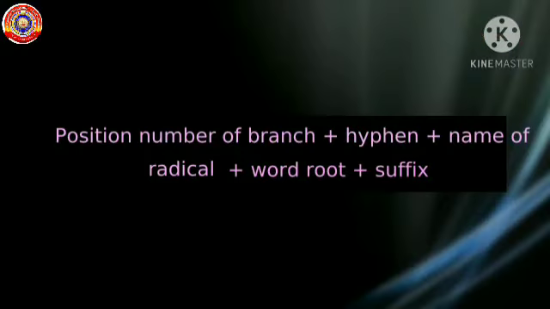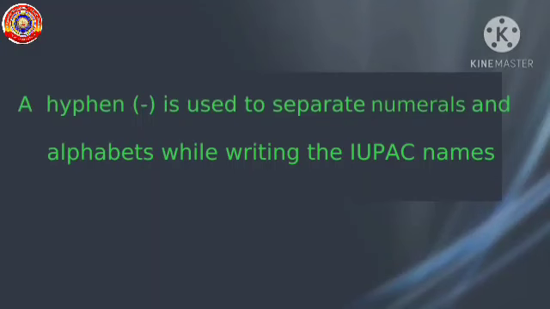So, according to IUPAC rules of nomenclature, the naming of a hydrocarbon with a branch follows the pattern: position number of branch plus hyphen plus name of radical plus word root plus suffix. Remember, a hyphen is used to separate numerals and alphabets while writing the IUPAC name.